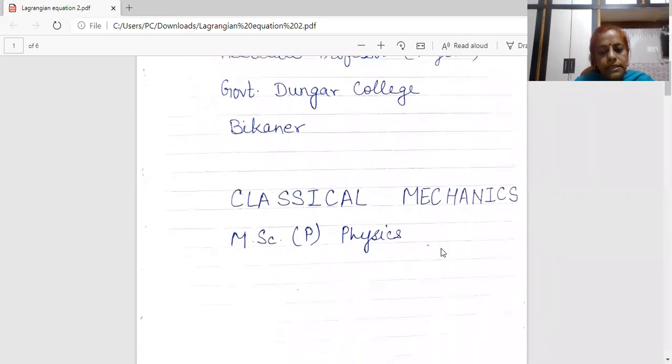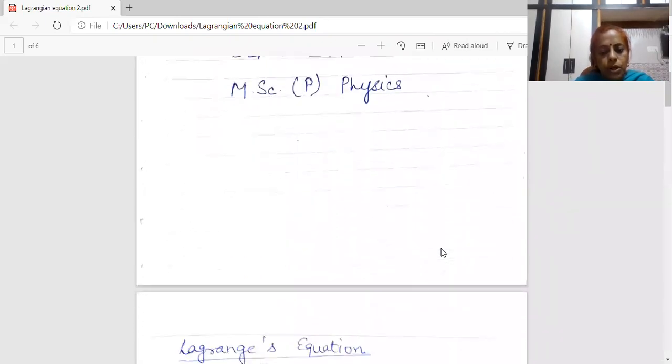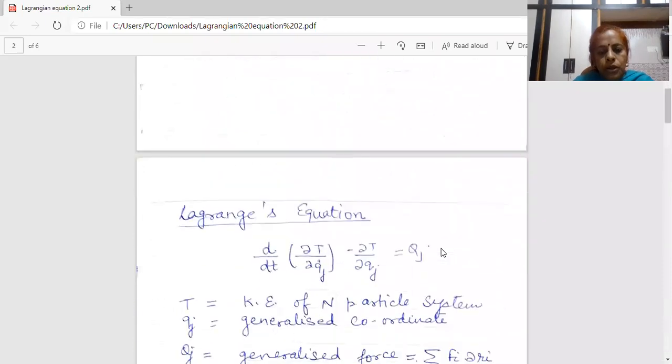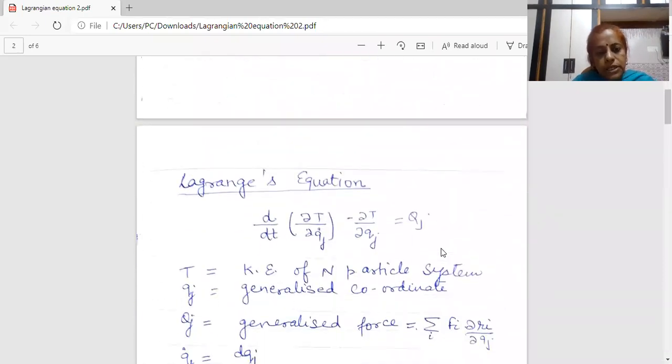In my previous lectures, I have taught you about constraints. Constraints means restriction. By imposing a constraint on a system, a mathematical problem simplifies. For example, for a free particle, I need 3 Cartesian coordinates.